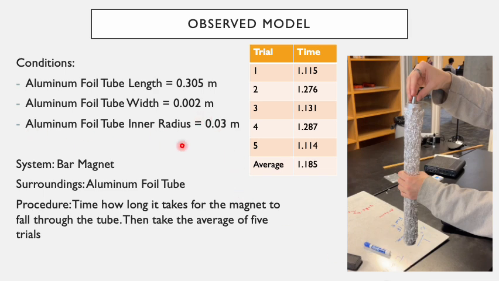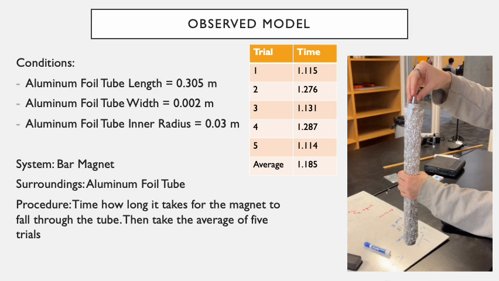We have the aluminum foil tube length set at 0.305 meters, and then the width of the tube, from inner radius to outer radius, is 0.02 meters, and the inner radius of the tube is 0.03 meters. Our system in this experiment is the bar magnet, and the surroundings are the aluminum foil tube.